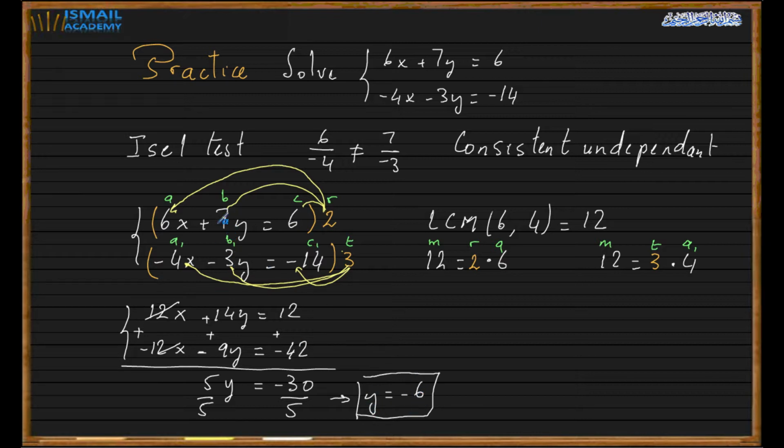So I'm going to pick one of the equations and substitute y. I'm going to pick the second one, which looks easier to my eyes. So I have minus 4x minus 3y equals minus 14. What I do next is substitute minus 6 instead of y, because the value of y is minus 6.